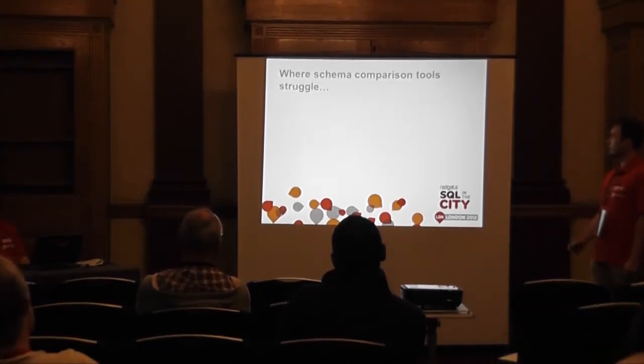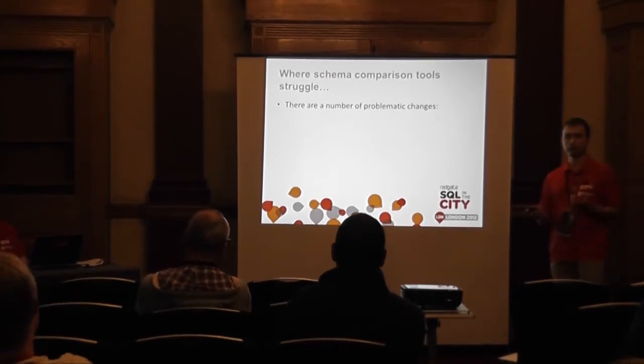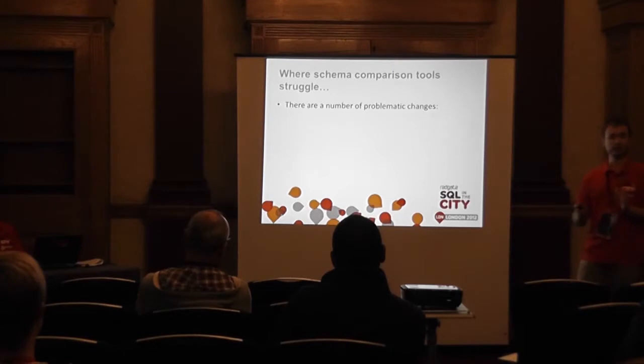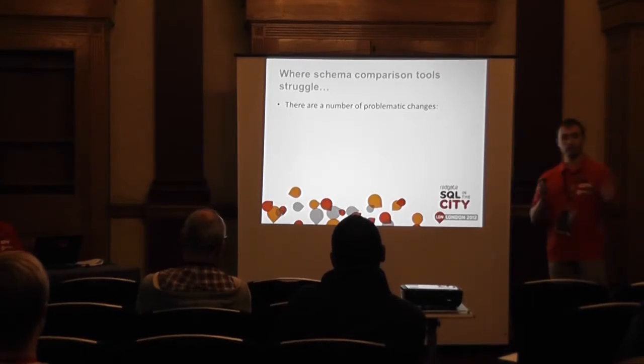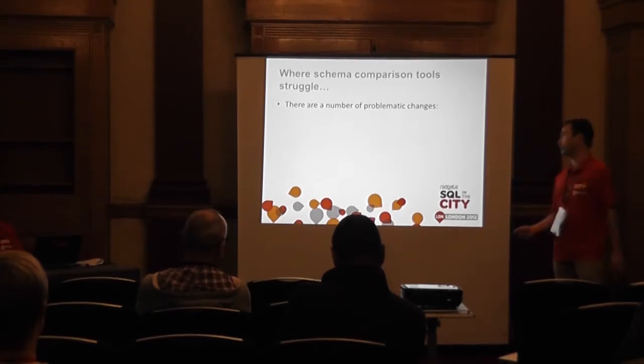So, where do schema comparison tools struggle? We know that they don't have very much information available to them because they don't have any developer intent. They have the before and after state, and they have to guess what's happening in between. And that works for most things. If you change stored procedures or add columns, change data types, it's fine because it doesn't need to know any more information.